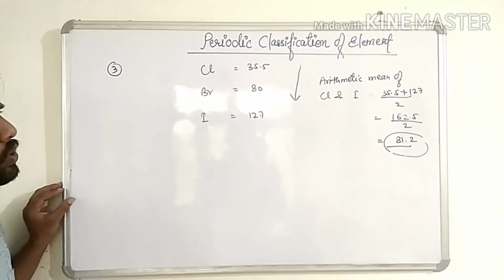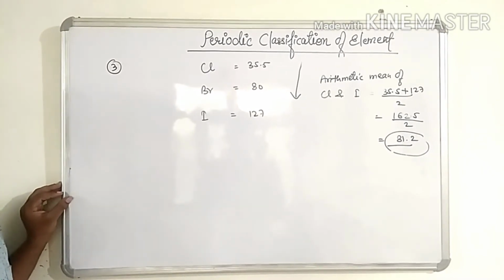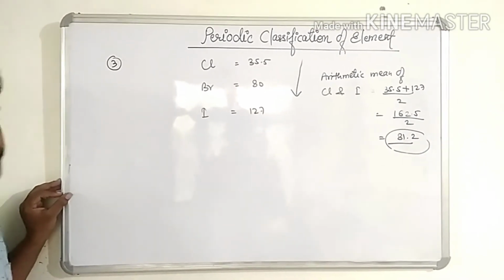Clear children? These were the three triads of Dobereiner.